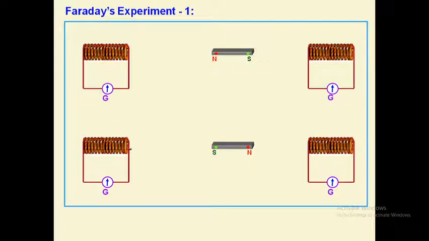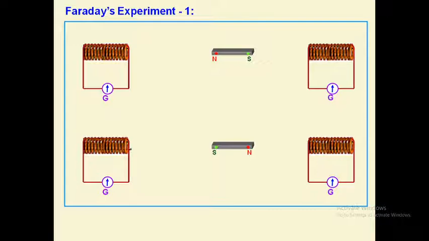Now, related to this topic, electromagnetic induction, a very famous experiment of Faraday we are about to know. Faraday did a series of experiments in order to get current with the help of magnetic field only. You may think, what is great behind this experiment?